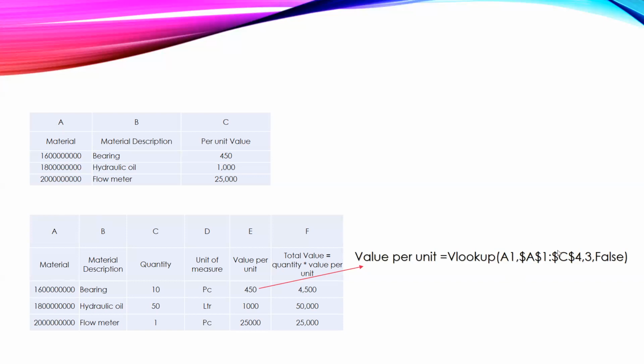Then only it will be able to give you the information that you want from another table. And now we can simply multiply quantity into value per unit and get the total value of all the stock items in inventory. So in this way, we can use MB5B and MM60 for calculating total value.